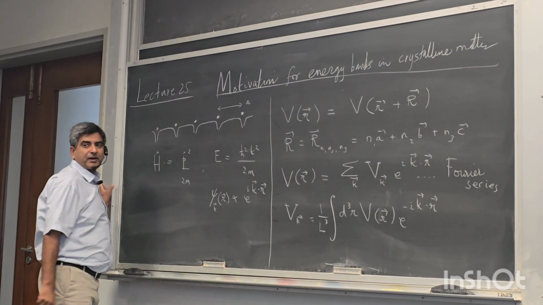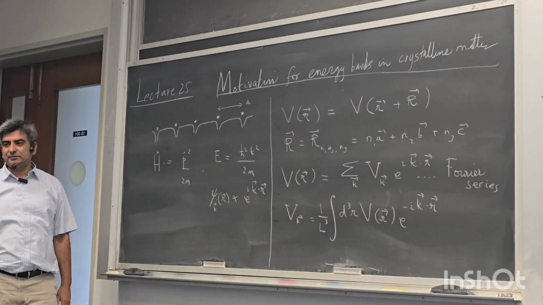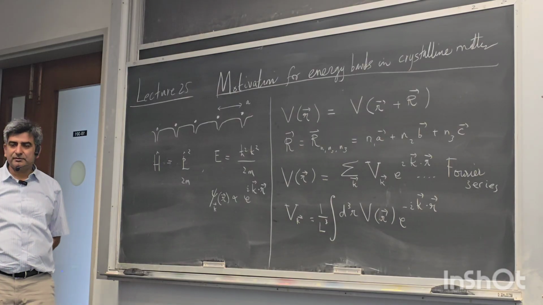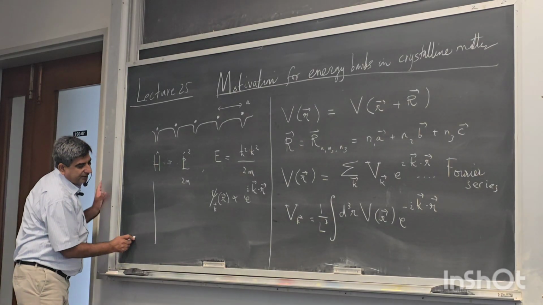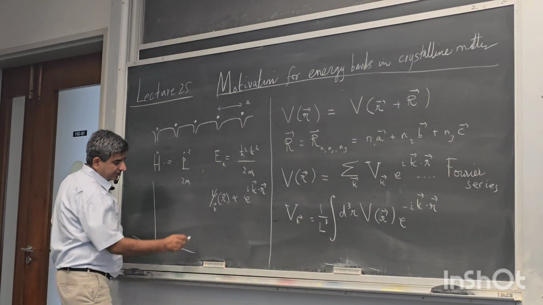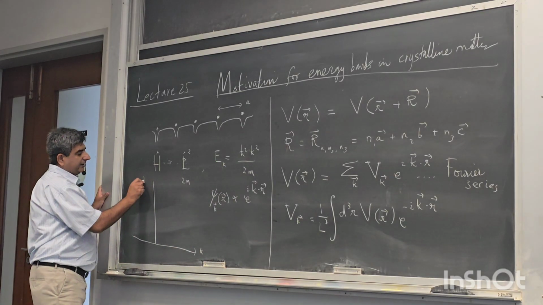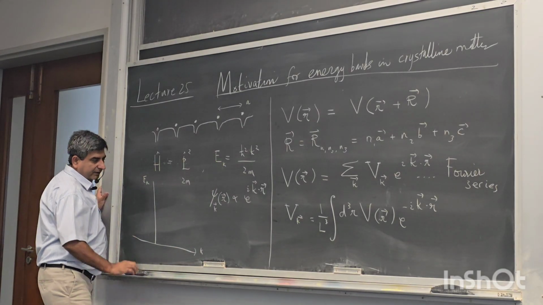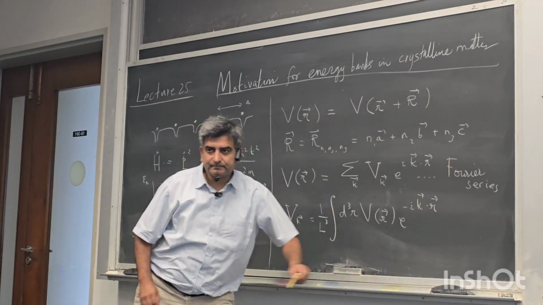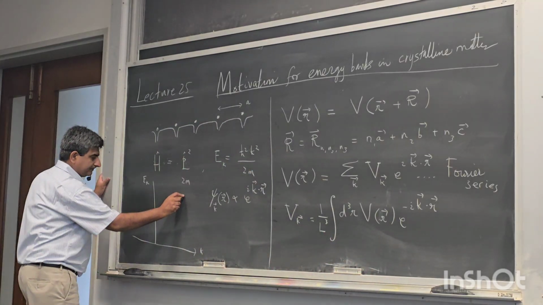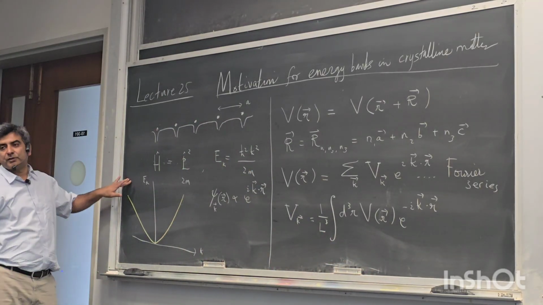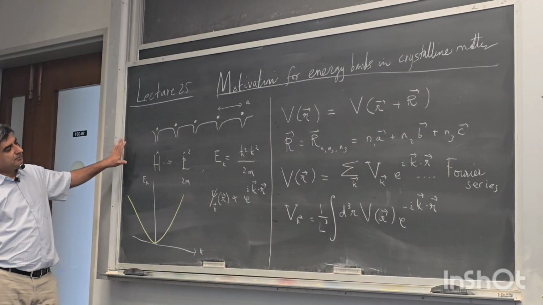So this is just a free particle in the absence of a periodic potential. This is what we mean by free electrons. And if you plot the dispersion relationship, this dispersion relationship k and E(k), it is a parabolic curve. So far so good. There's no problem about this.